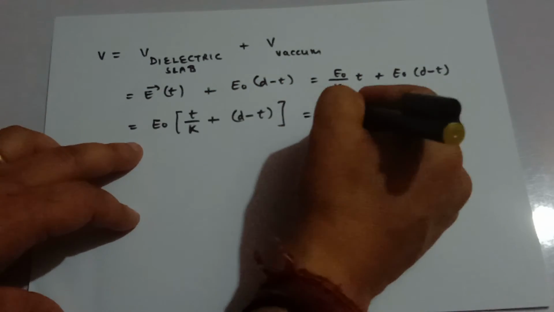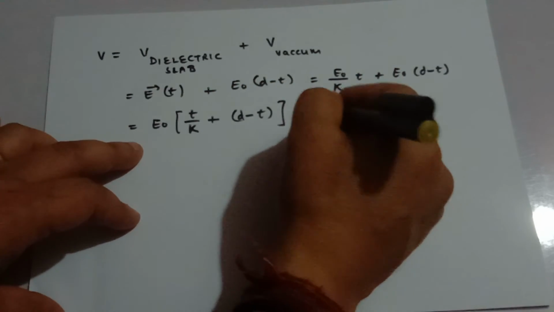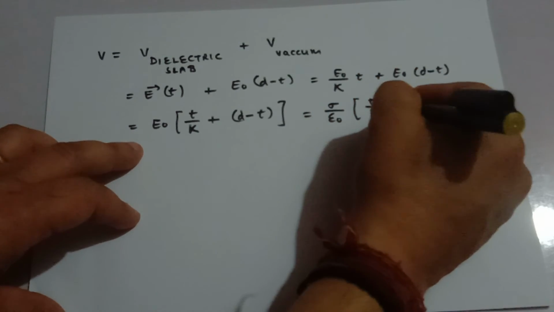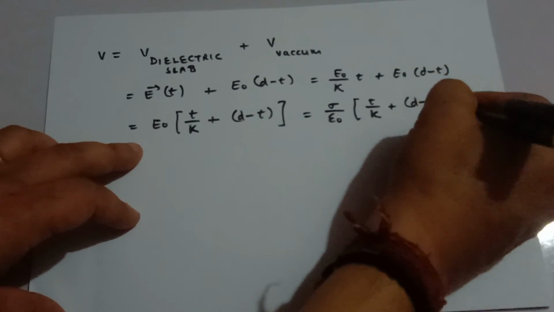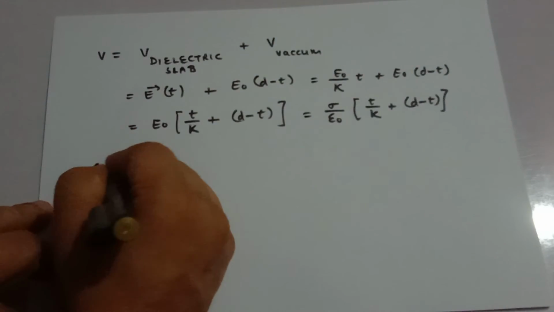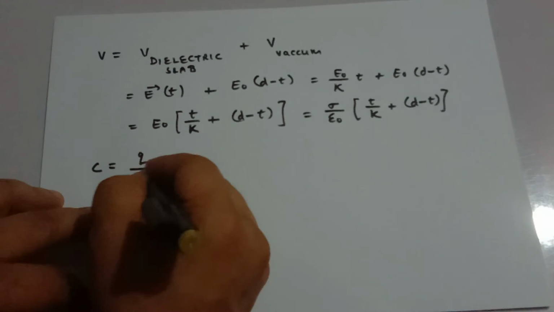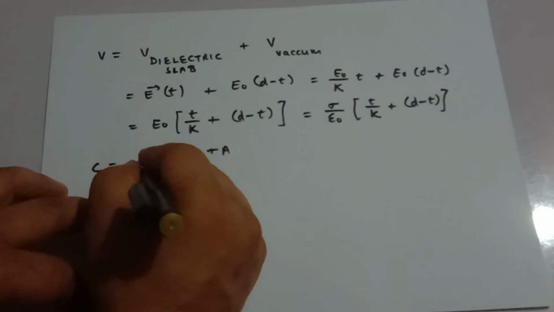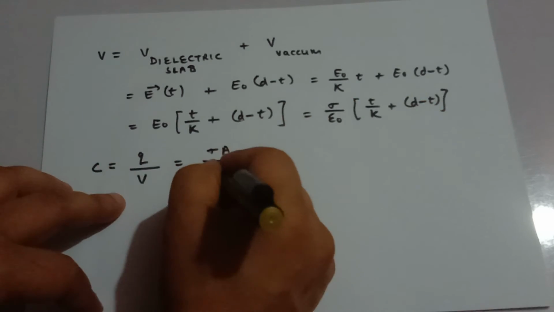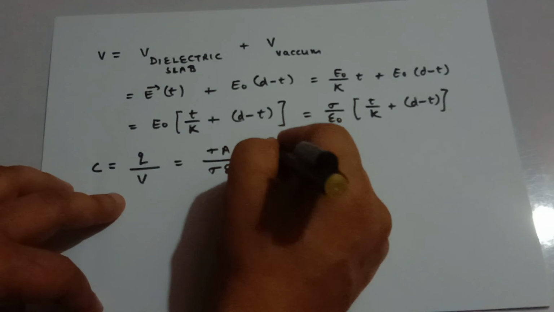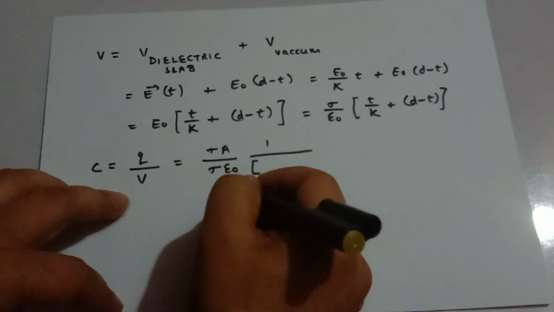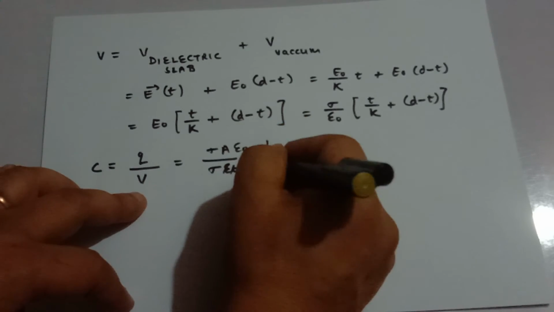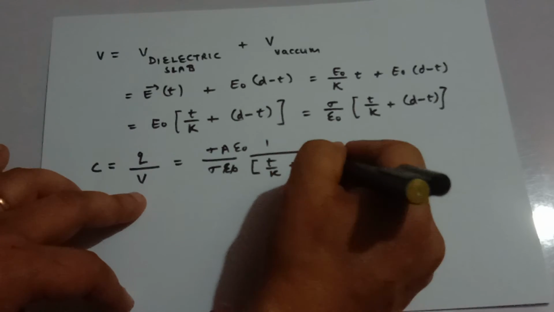This E naught we know is sigma upon epsilon naught, times (T by K plus D minus T). Now C will be Q divided by V, where Q is sigma into A, and V is sigma upon epsilon naught times (T by K plus D minus T), which comes in the denominator.